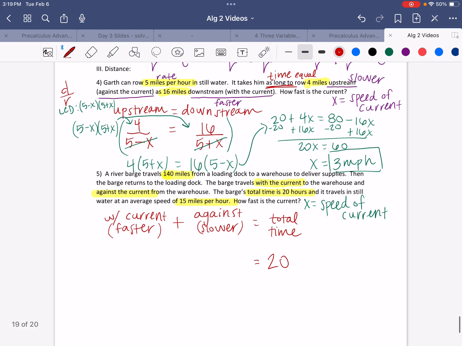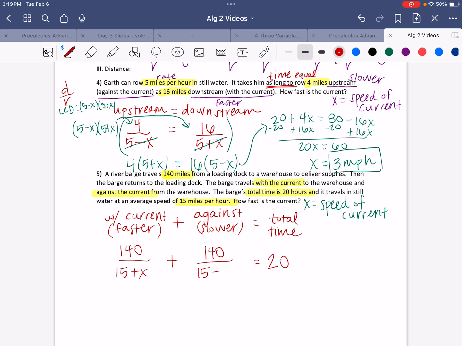So it looks like the distance is 140 miles each way. So both parts of the trip have the same distance. And then we need to look at their rate. Typically, the barge without any current would be going 15 miles an hour. When it's going faster with the current, I get to put a plus x, showing that its speed is increased by some amount.